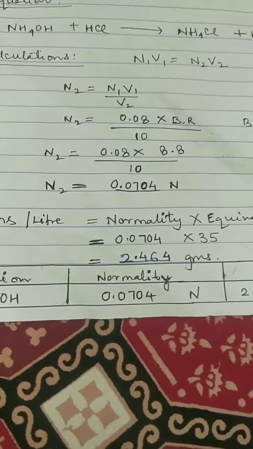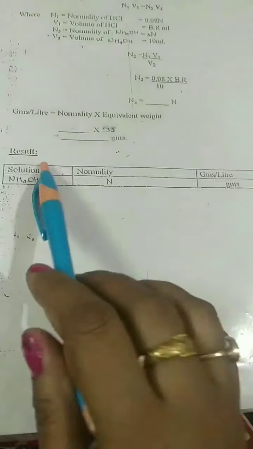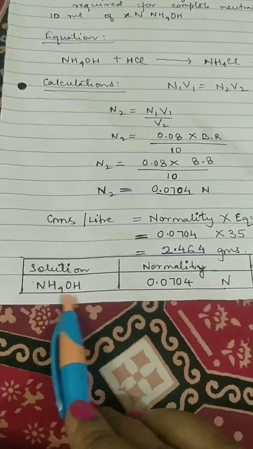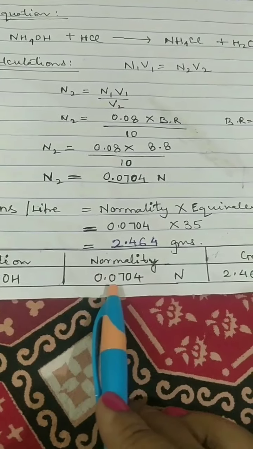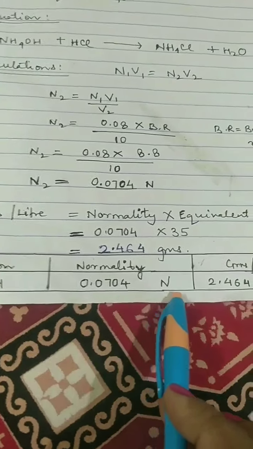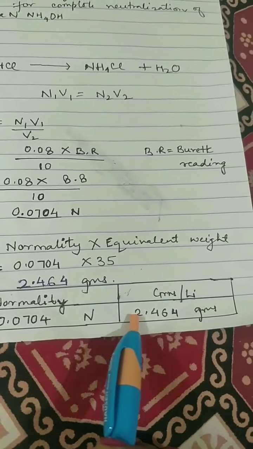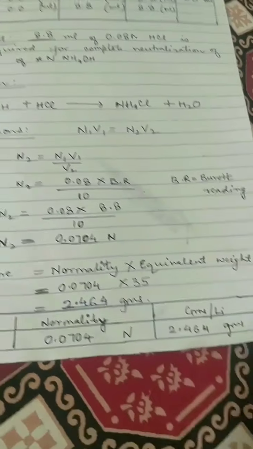Then you will write down the result. You will make a result table like this, as it is given in the chart. The solution here is NH4OH, ammonium hydroxide. Normality is 0.0704 normal, and grams per liter is 2.464 grams. So this is the strength of this solution.